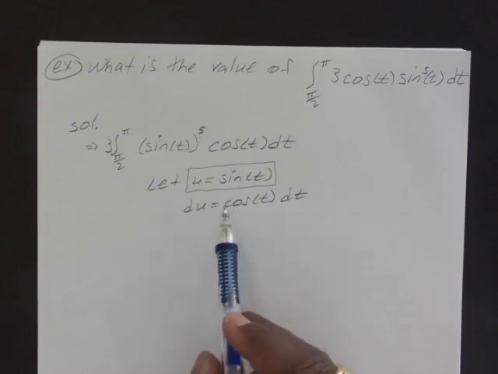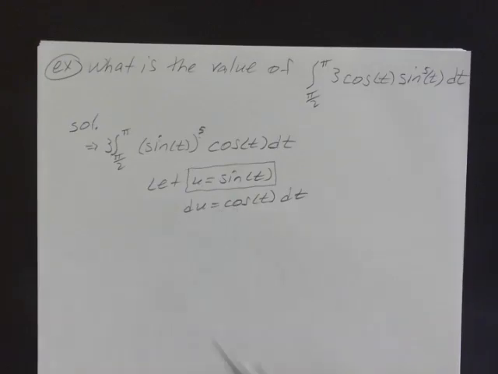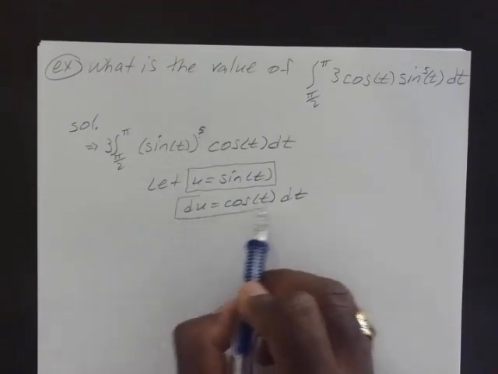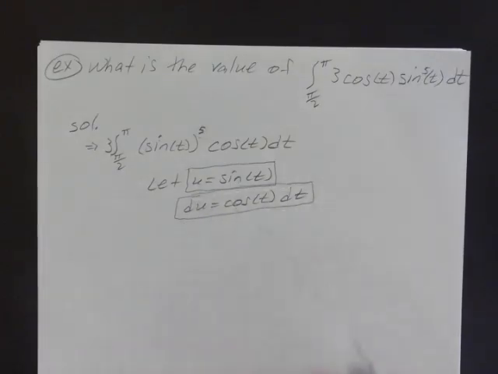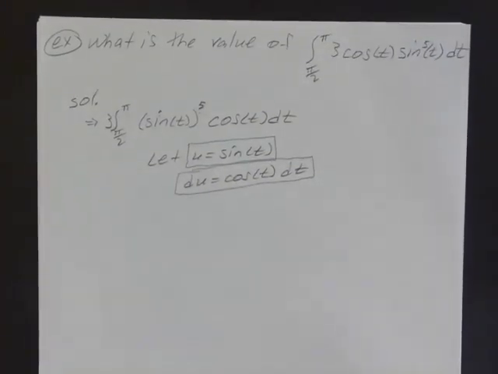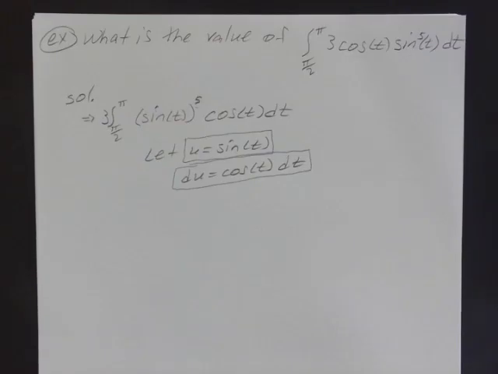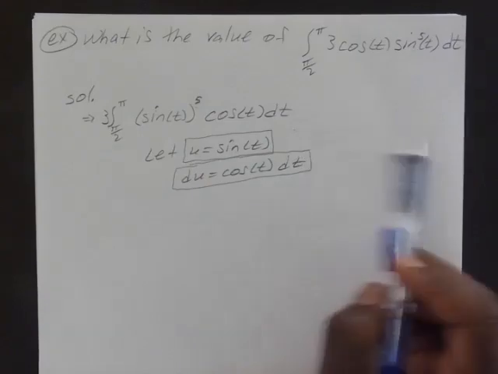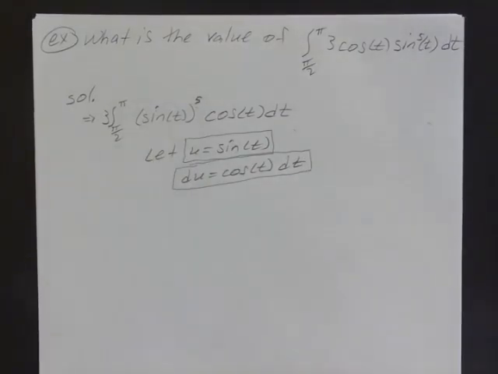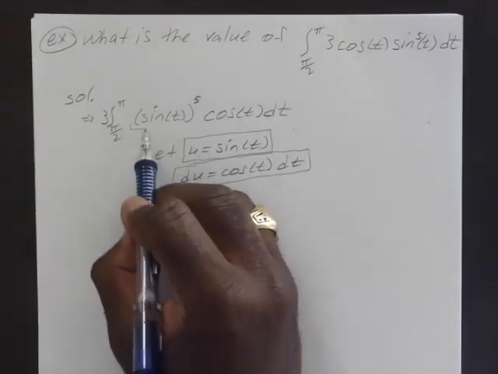There are no coefficients other than 1, so you don't have to multiply or divide it by anything, so we can just leave it just like that. I'll squeeze it under here.